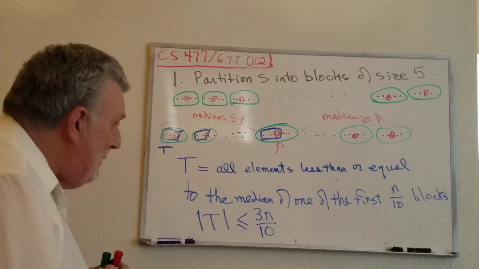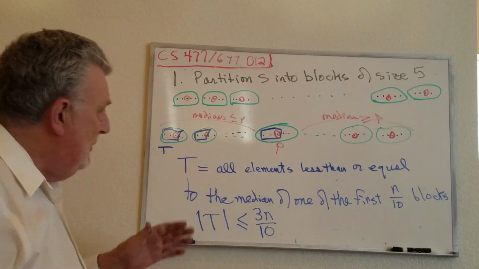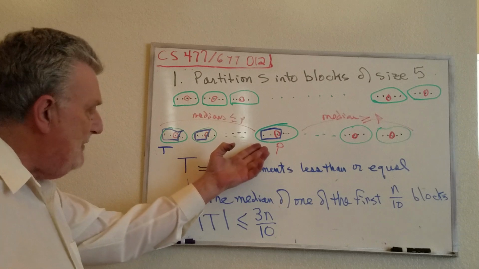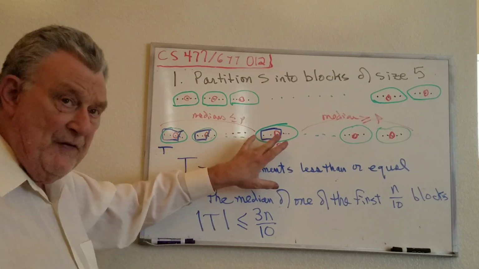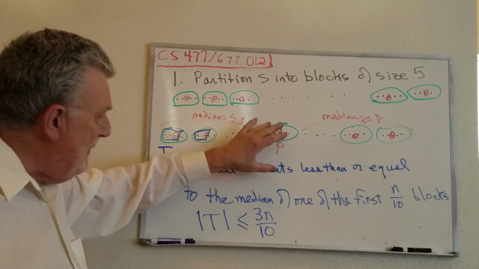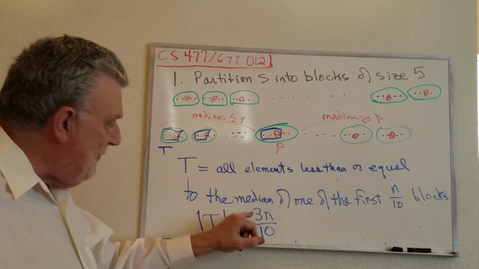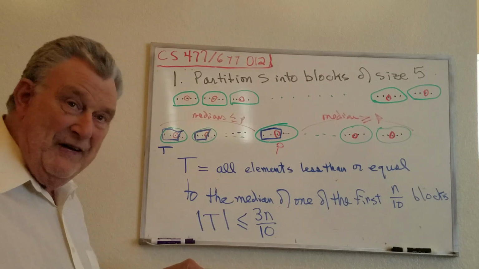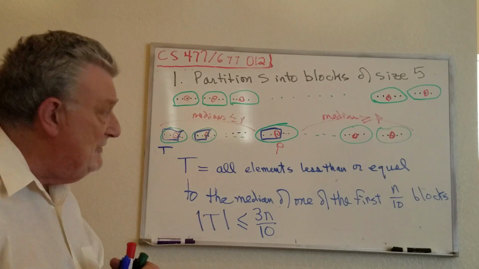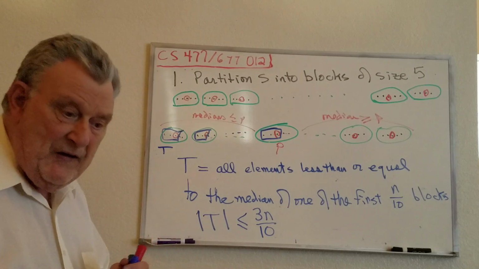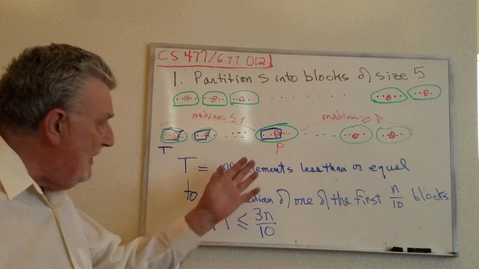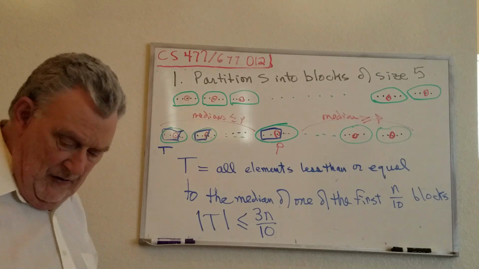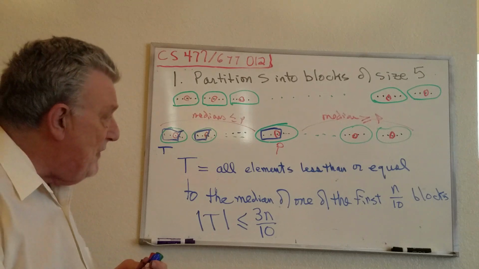Now, how did that come about? Well, there are n over 5 blocks, and they're roughly n over 10 blocks on the left side, and for each one of them I get 3 elements. So 3 times n over 10. That's the size of T, which means that there are at least 3n over 10 elements smaller than P. Now, how many elements are there larger than P?